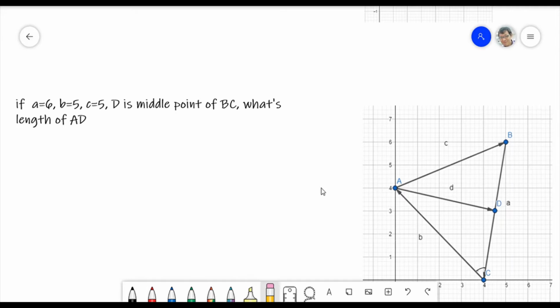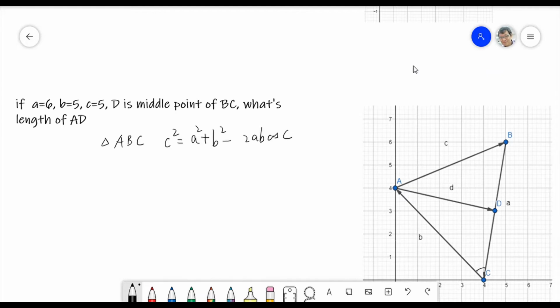For this one we need to use the law of cosine. Let's base it on angle C. Based on triangle ABC, the biggest triangle, we can find c squared equals a squared plus b squared minus 2ab cosine C. Am I right?